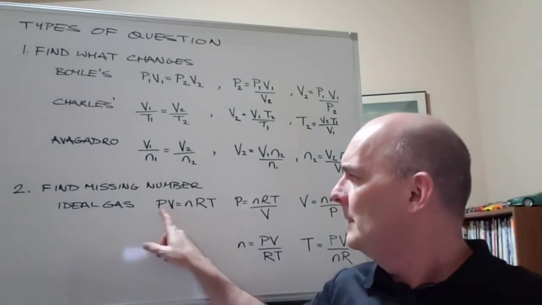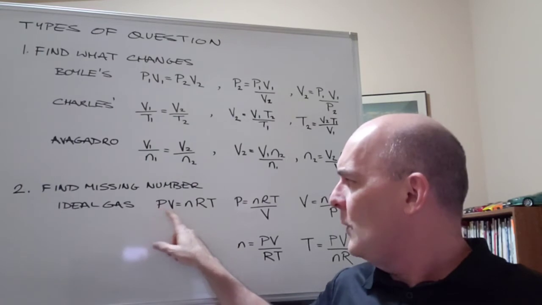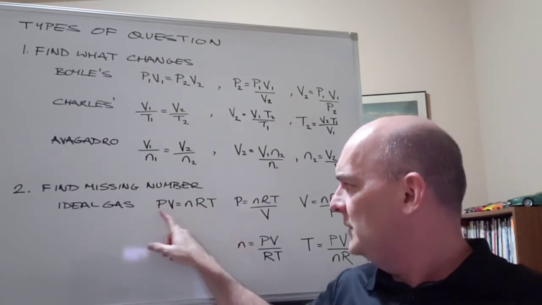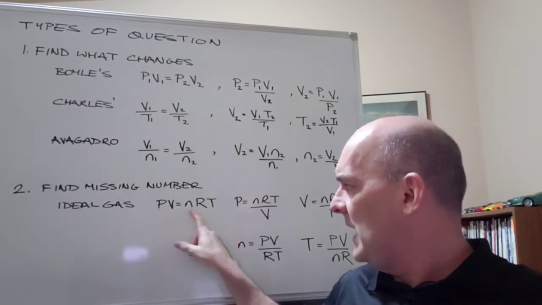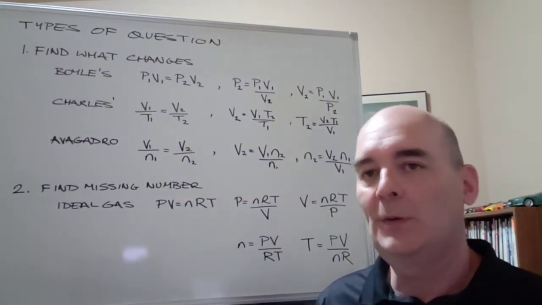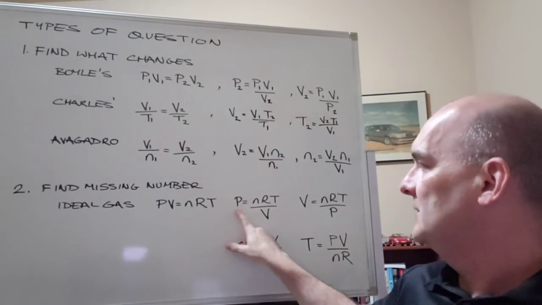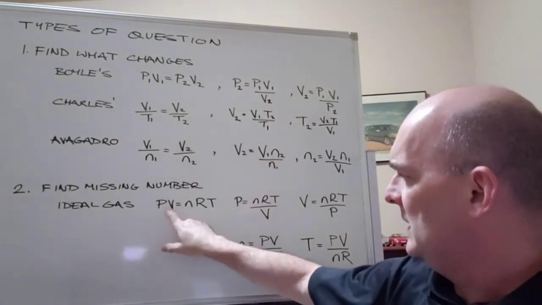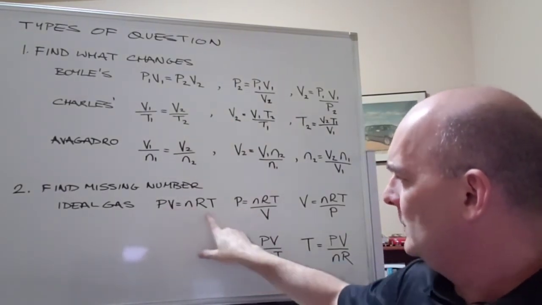Okay. But they're going to give you all of these values, the P, the V, the n, and the T, except one of them. One of those numbers is going to be missing. So if the missing number is pressure, that means I've got to move the volume across the equal sign.